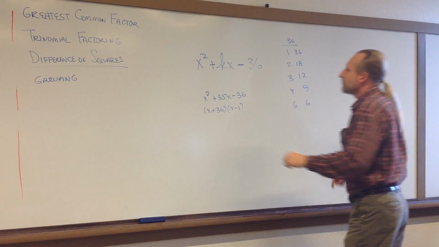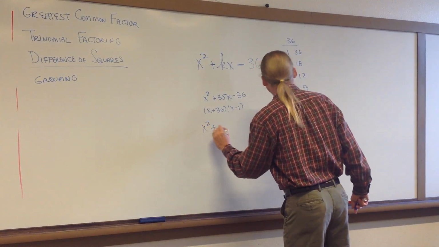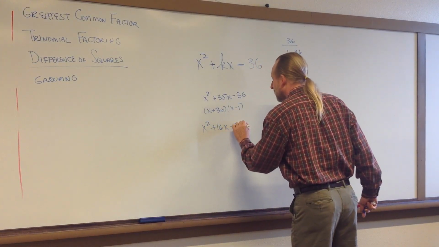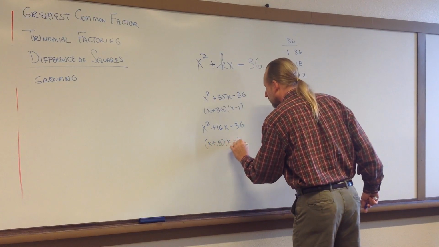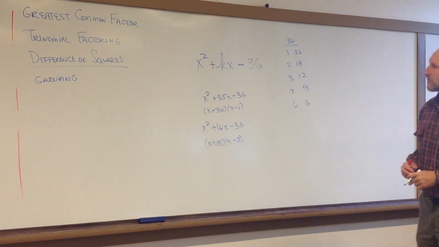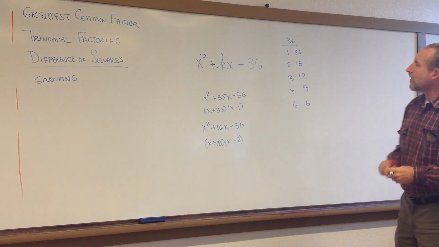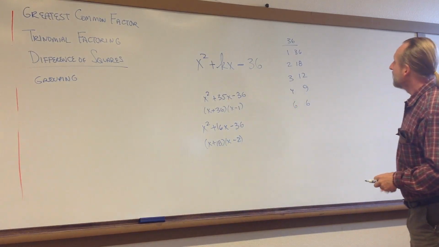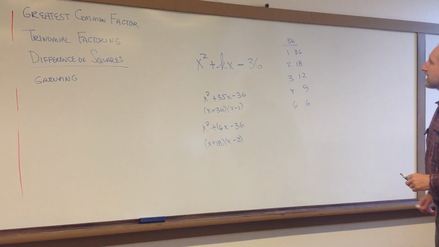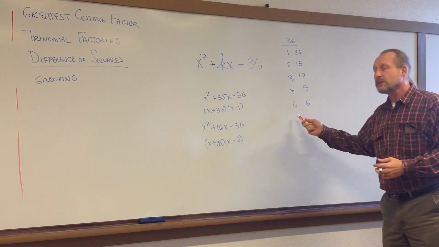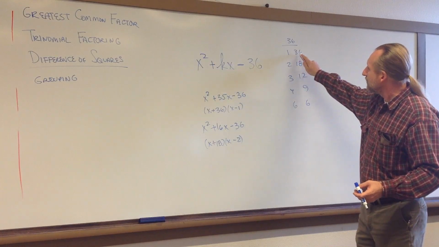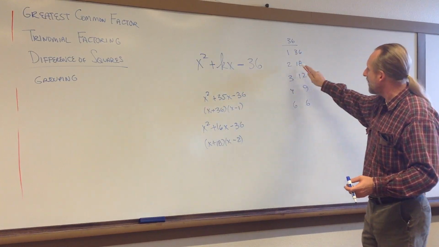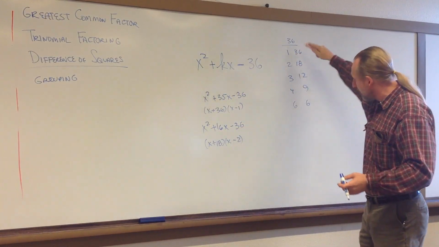And if we had x squared plus 16x minus 36, then it would factor like this, and so on. Now, the reason why I want to talk about this is this last one here, 6 times 6. What's the difference between 6 and 6?